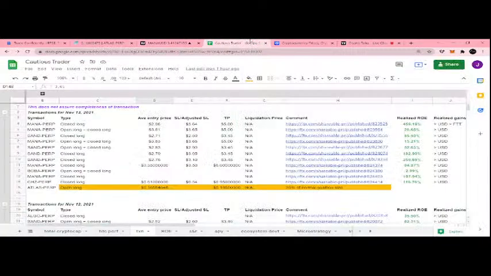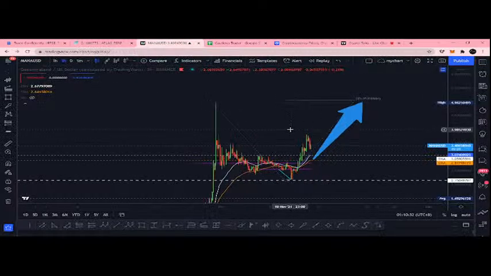I think the biggest gainer is MANA because it's 400 something. Yeah, my biggest gainer for today is actually MANA.